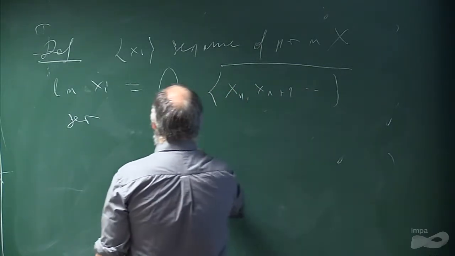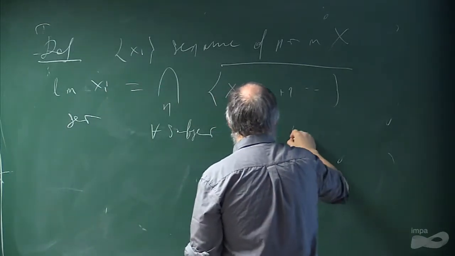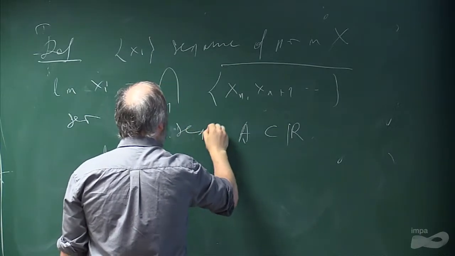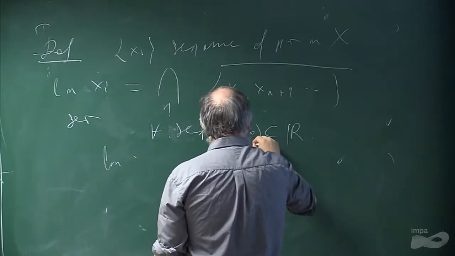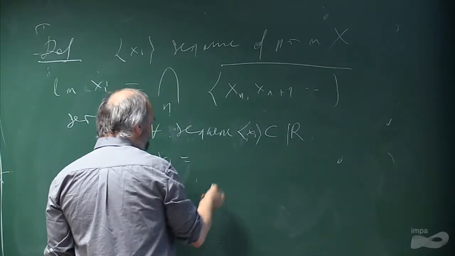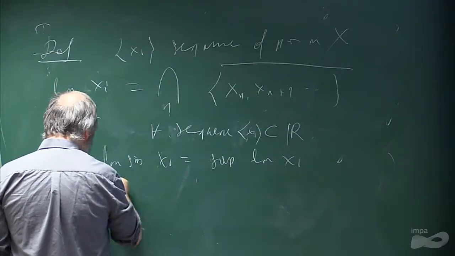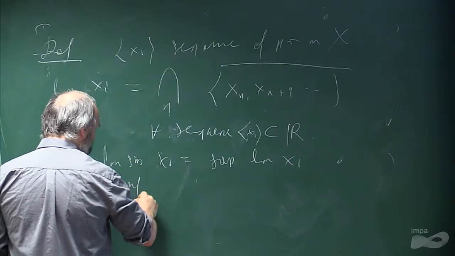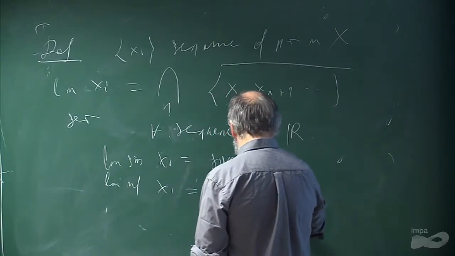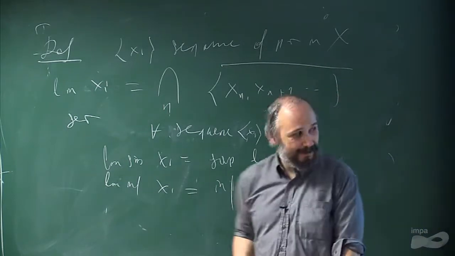So we take for each subset x a inside R, lim sup, or for each sequence x_i inside R, lim sup of x_i is the supremum of the limit of x_i, and lim inf, limit inferior of x_i, is the inf of the limit of x_i. This is standard in analysis.